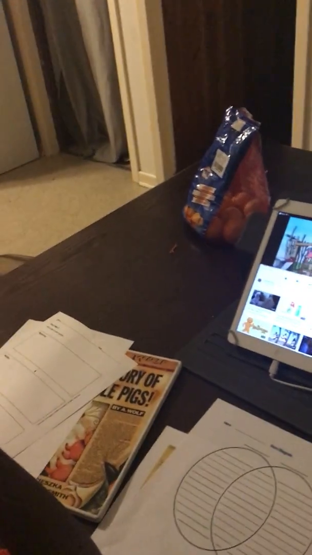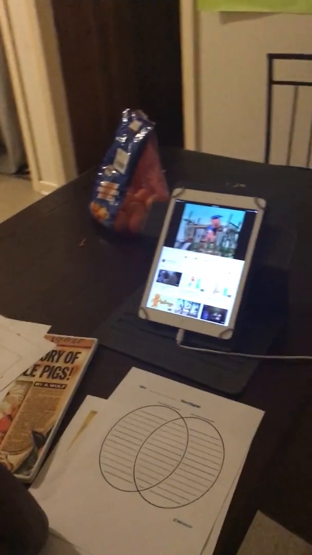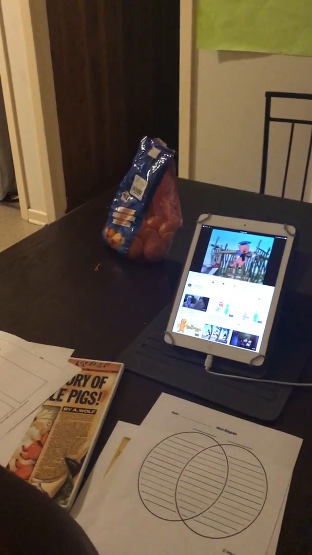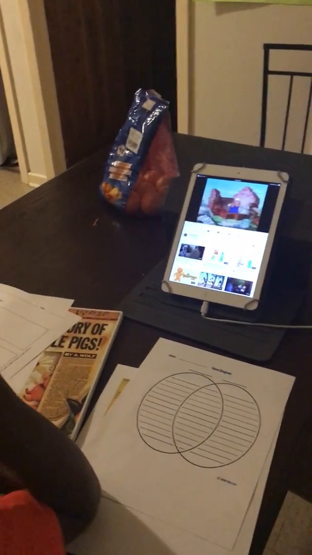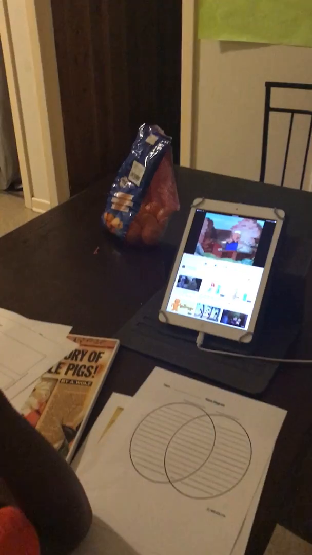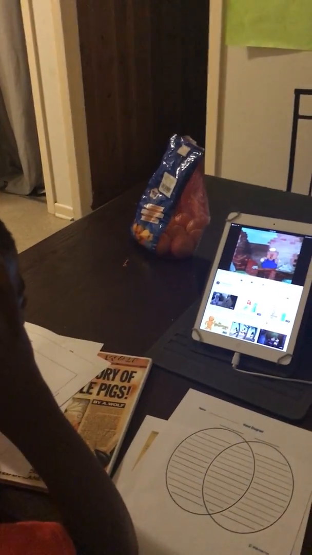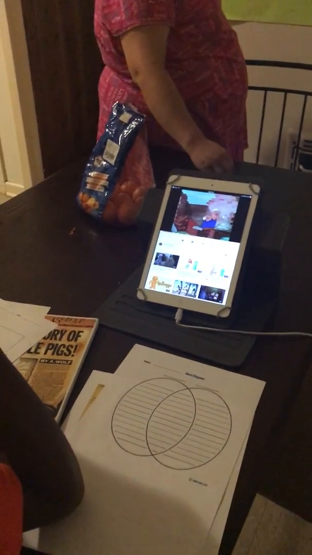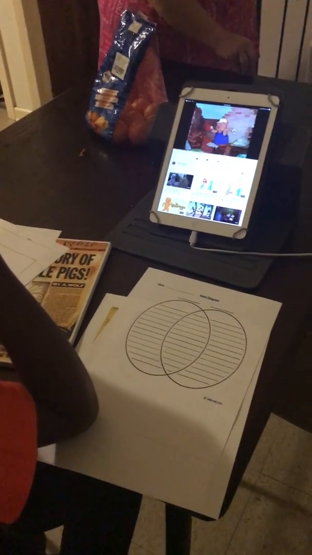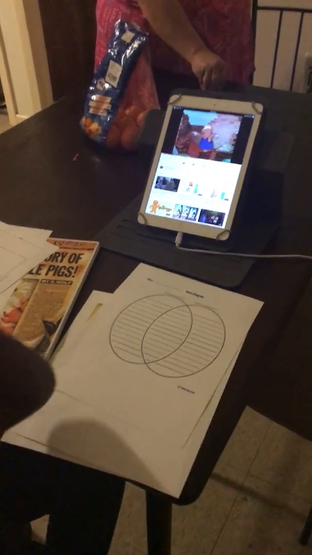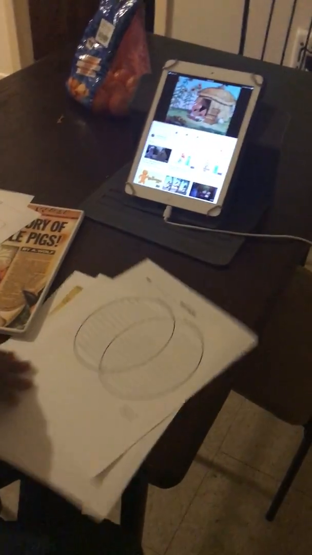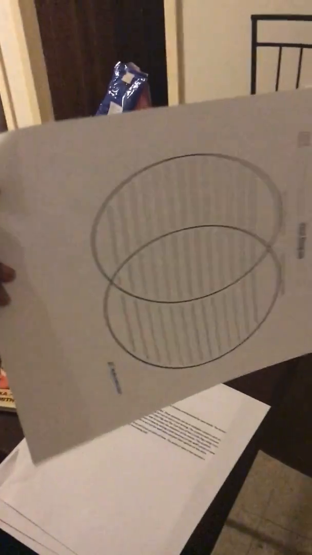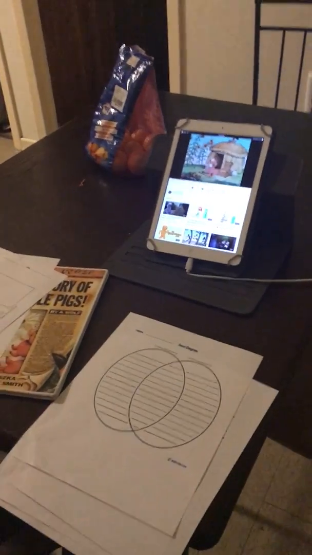Now this assignment might take multiple days. We won't be able to do this in one day. We'll probably read the original version the first day, and then read the true story of the Little Pigs the next day, or on the same day, and then compare and contrast the next day using the Venn diagram.